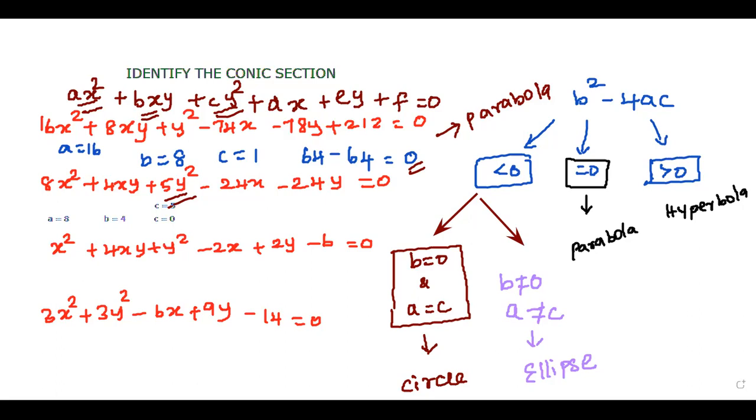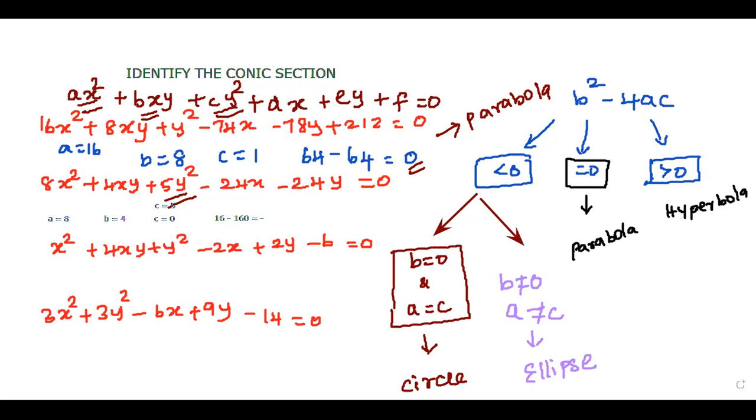So then it would be negative, so less than 0. Negative means you have to check two conditions: whether B is equal to 0 and A is equal to C, or B is not equal to 0 and A is not equal to C. So it's an ellipse, because A does not equal C and B is not 0. Exactly. So it's an ellipse.